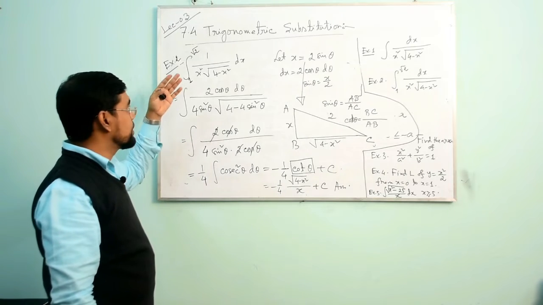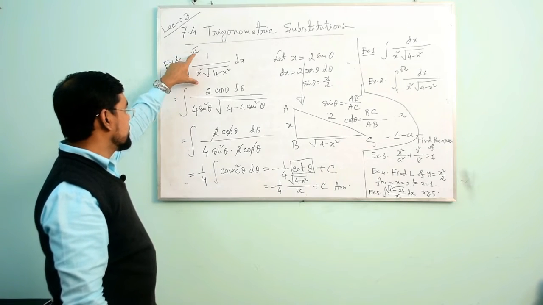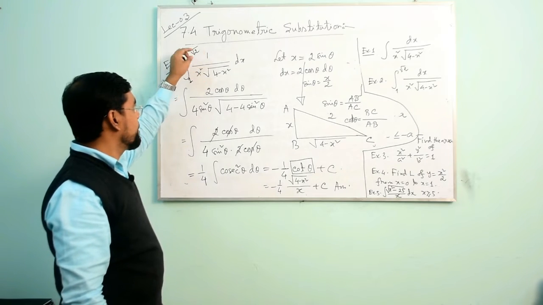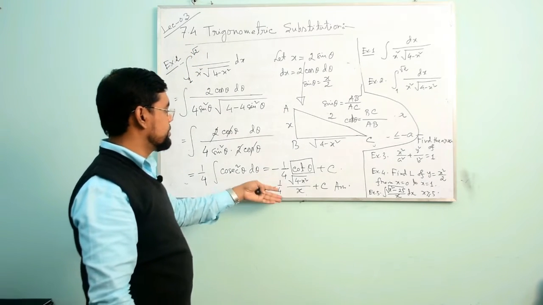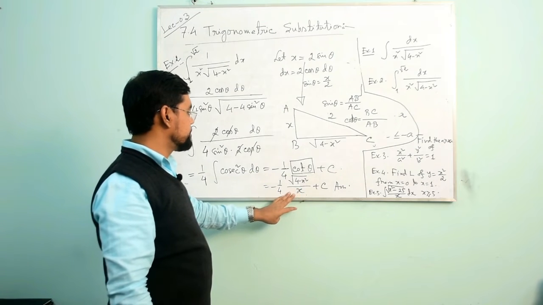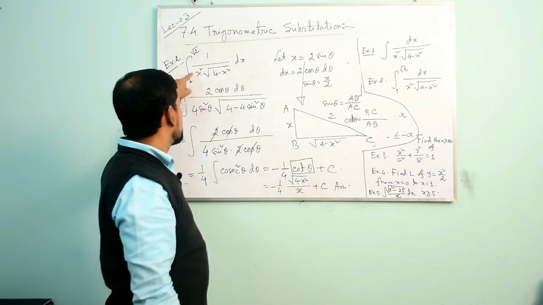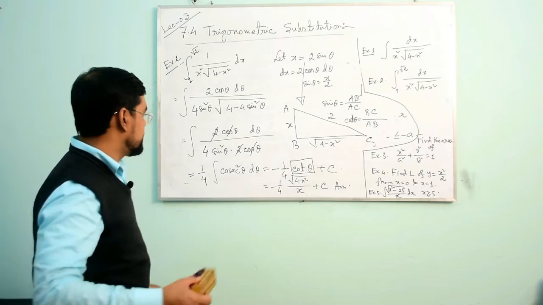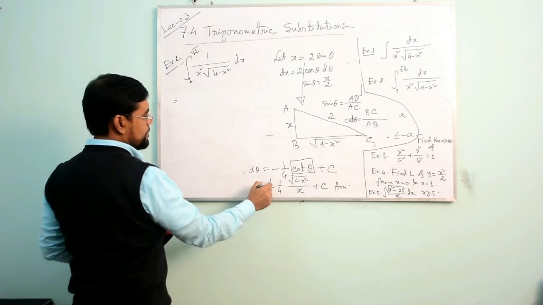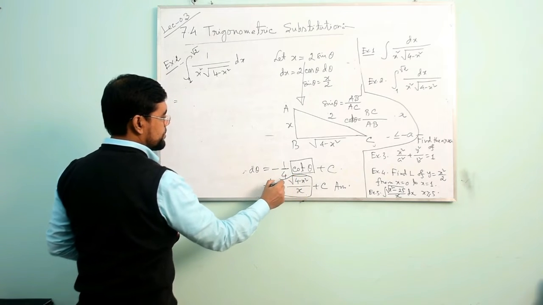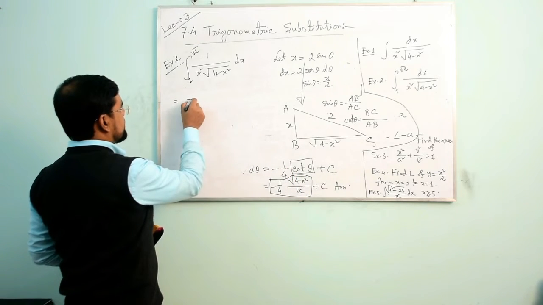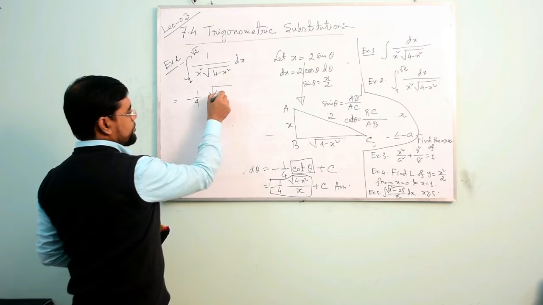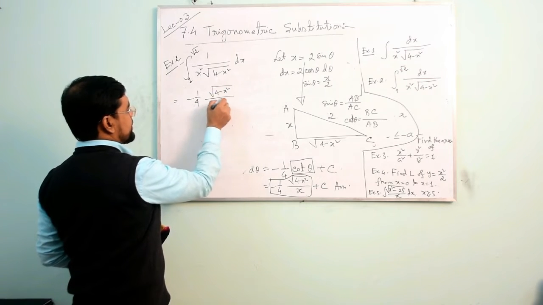Either you can first consider this integral as an indefinite integral, evaluate it like before, and finally replace the limits of integration in this result. We don't need to use c for a definite integral. The result is minus 1 by 4 root 4 minus x square divided by x.